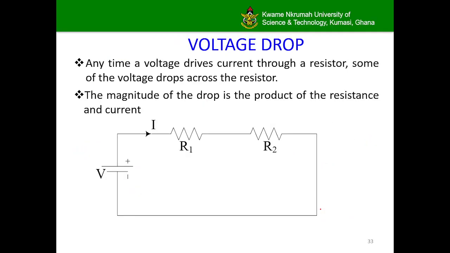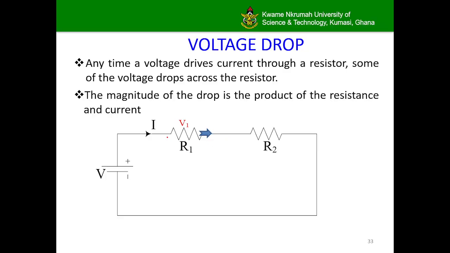Let's look at voltage drop next. Anytime current passes through a resistor, what happens is that voltage is dropped in that resistor. The voltage dropped in that resistor is simply the product of the resistance and the current passing through that resistor.